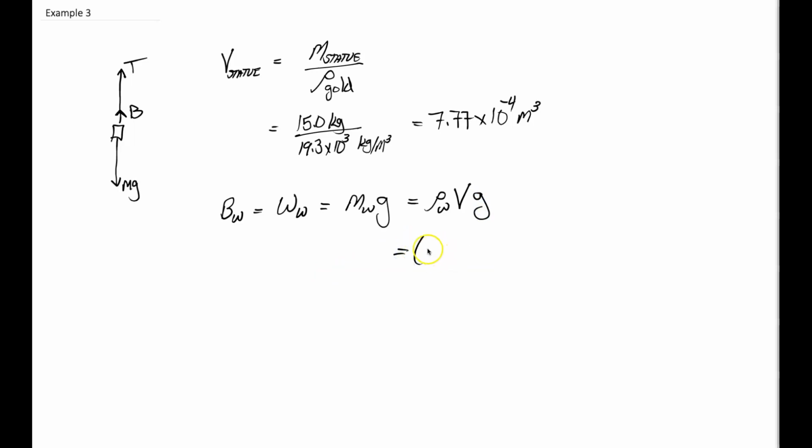The density of water is 1.3 times 10 to the third kilograms per meters cubed. The volume is 7.77 times 10 to the minus 4 cubic meter, and G is 9.8 meters per second squared.